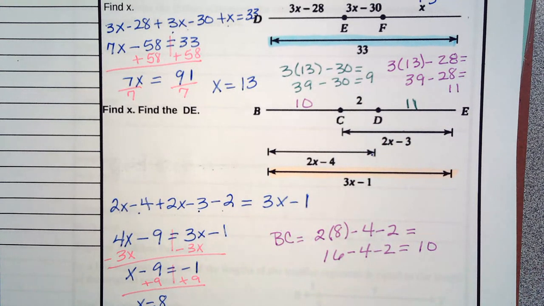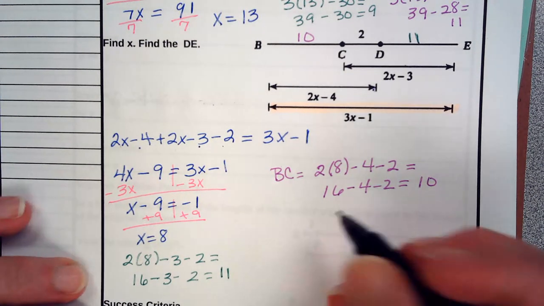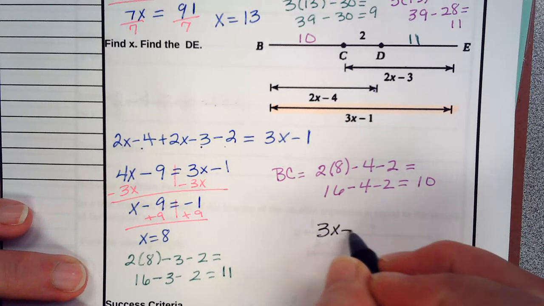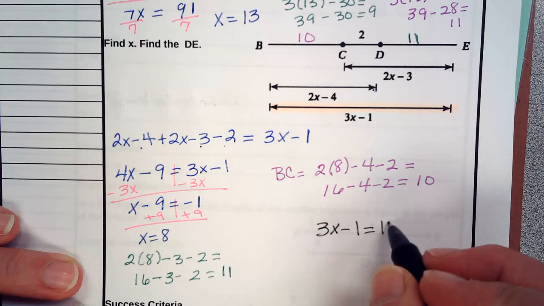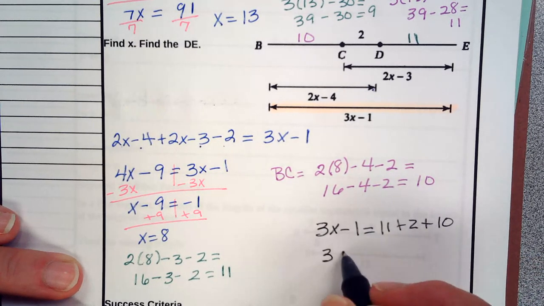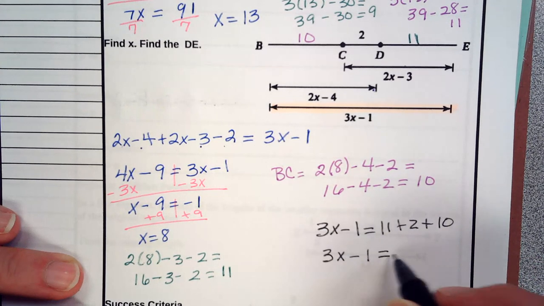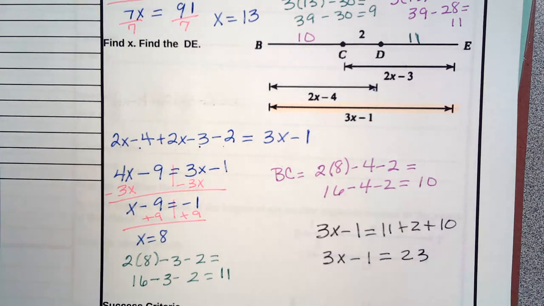So what is 3x minus 1 equal to? 11 plus 2 plus 10. So 3x minus 1 is equal to 23.